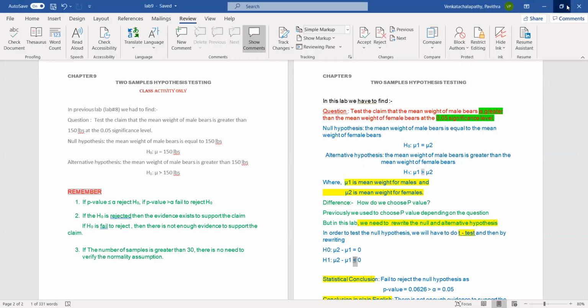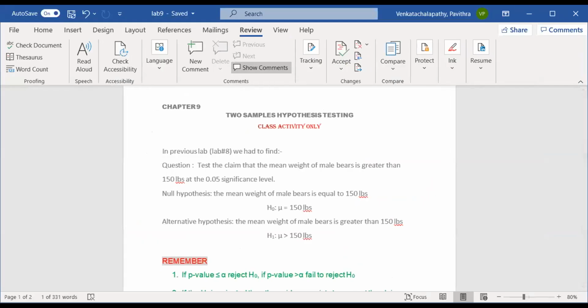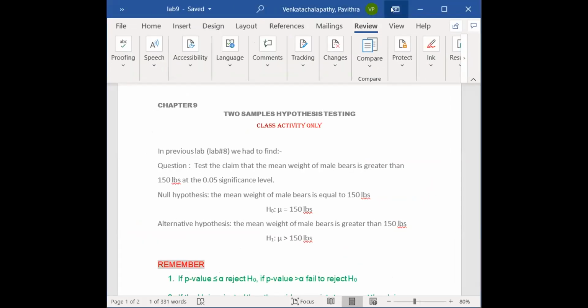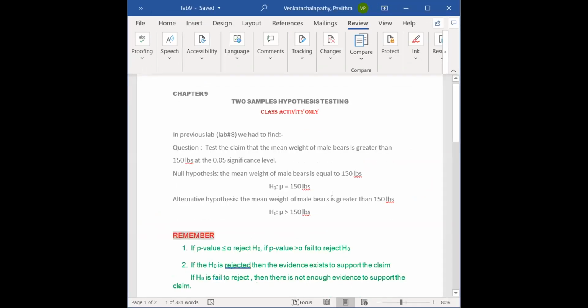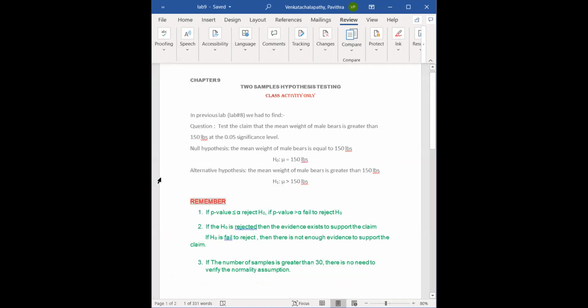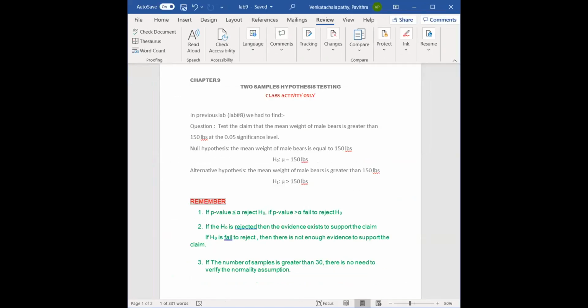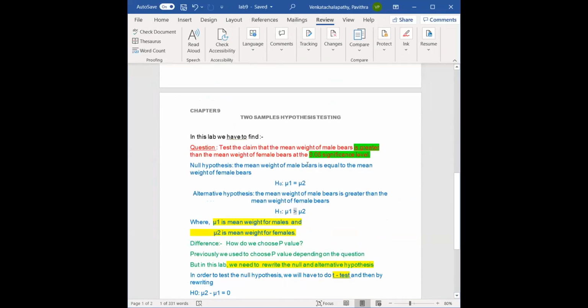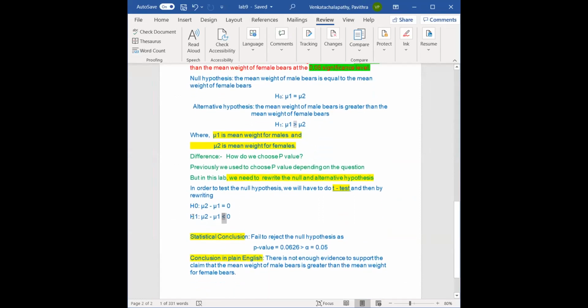I told you that you will have to rewrite your equation, right? You have to rewrite your null and alternative hypothesis. Can you see that I have rewritten it? Okay. And then you will be finding the p-value.